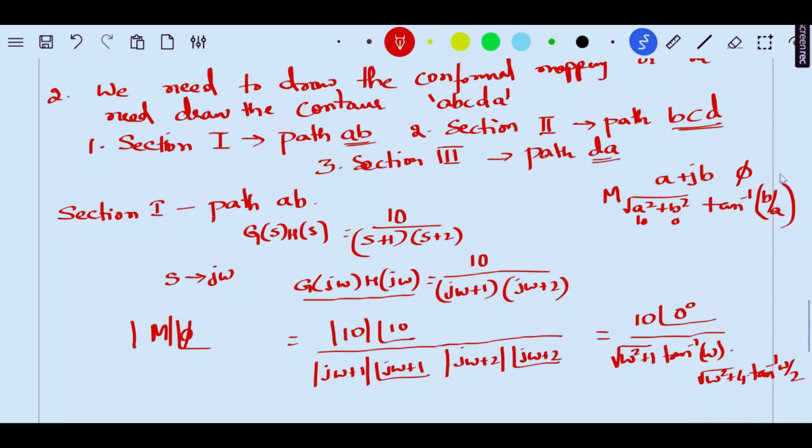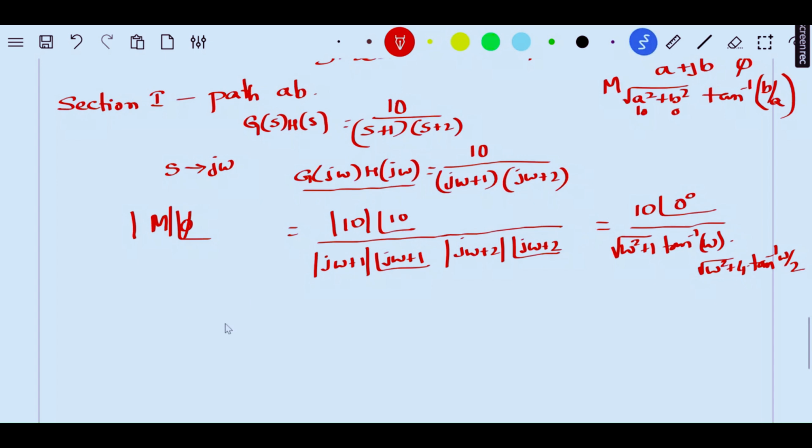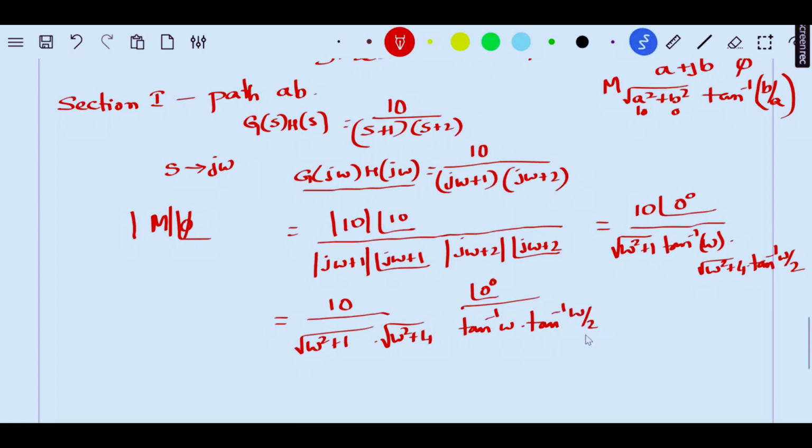Now what I'll do, I'll keep all the magnitude separate and angle separate. So I'll take 10 divided by root of omega square plus 1 into root of omega square plus 4, and I'll write only angle terms here, which is angle 0 degree divided by tan inverse of omega into tan inverse of omega by 2. Okay, so this is the formula we got.